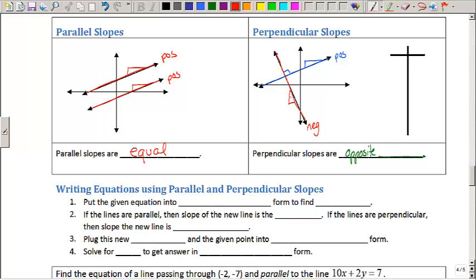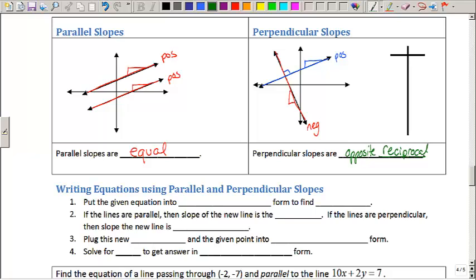And in fact, these are opposite and what we call reciprocal. Because the rise on the blue slope is the same as the distance of the run on the negative slope. The run on the blue slope turns out to be the same as the distance of the rise of the negative slope. So these are opposite reciprocal.